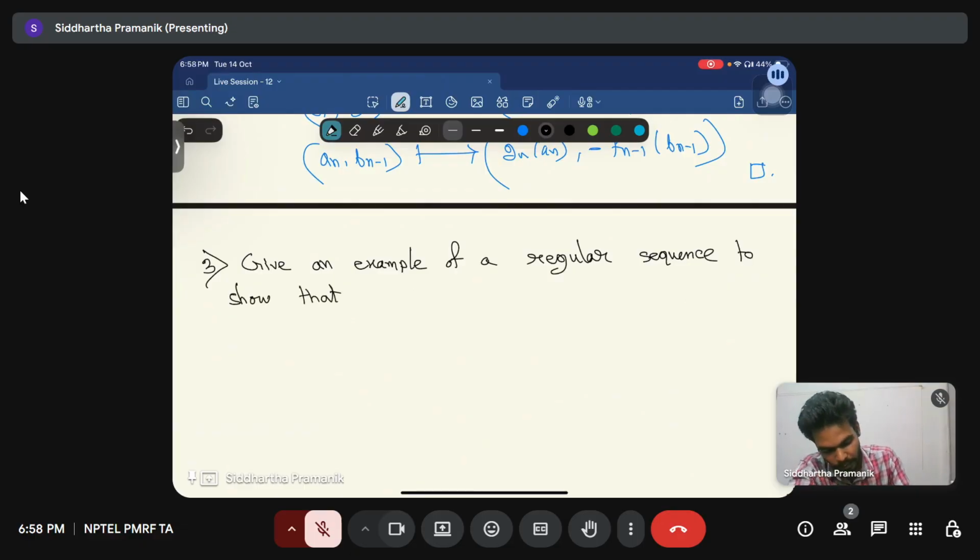to show that permutation of a regular sequence need not be a regular sequence.